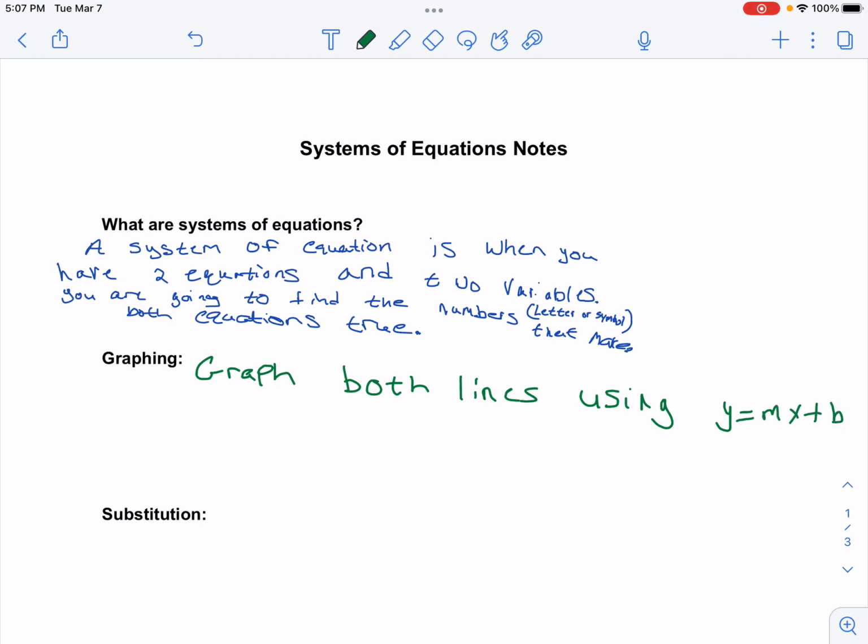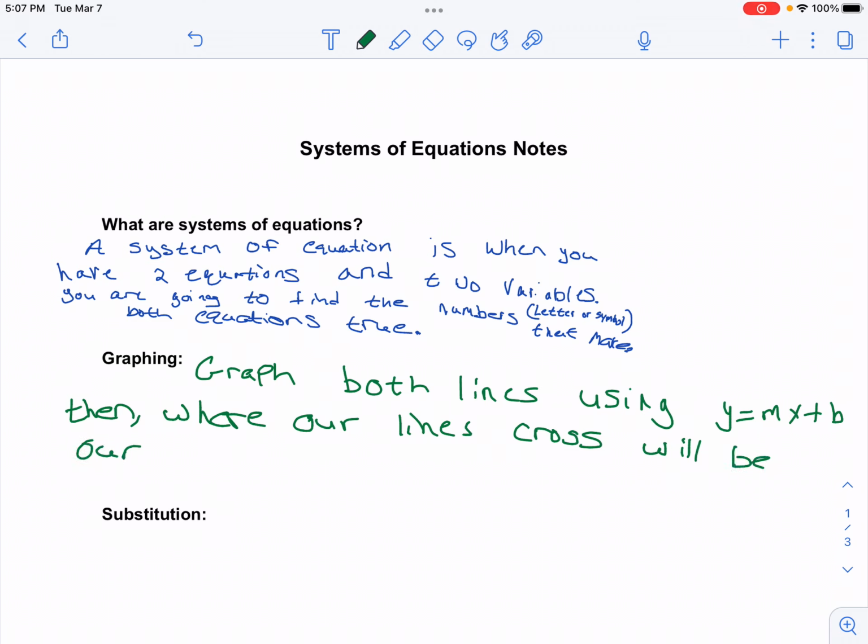So we're going to graph both lines using y equals mx plus b. Then, where our lines cross will be our answer. And that's it. And then we're just going to say what the coordinate is where they cross.